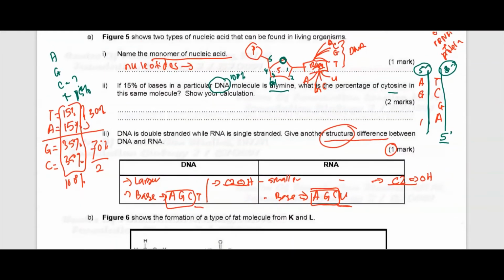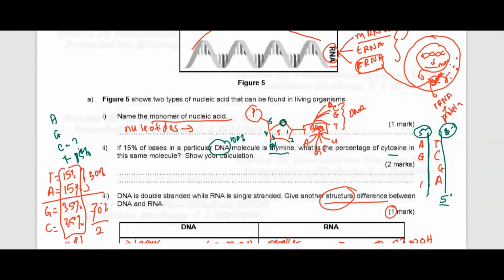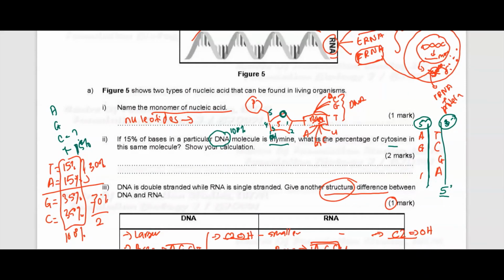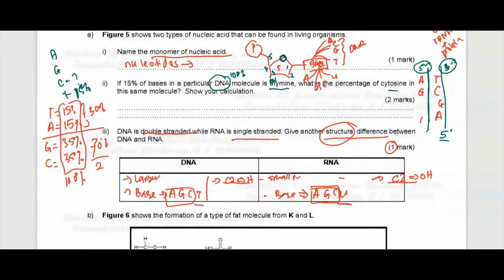And then maybe you could also write as one of your answers, DNA is double stranded, RNA is single stranded.